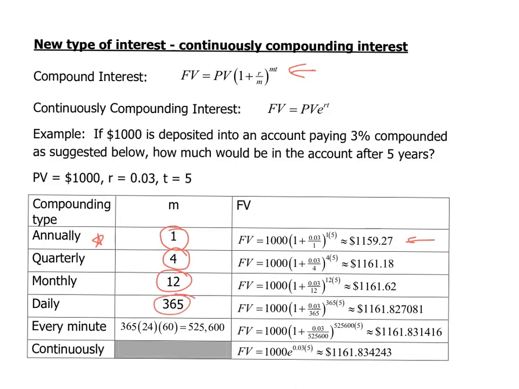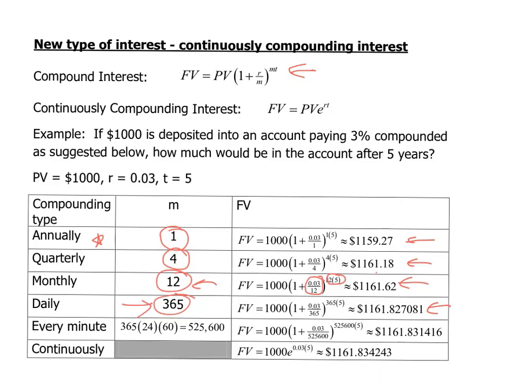If I compound quarterly, we end up with slightly more money. If I compound monthly, we end up with slightly more money. Now notice that this number here, r divided by n, becomes smaller, but the exponent becomes larger. If I look at daily, there's 365 days in a year, I end up with a little bit more than if I compounded monthly.